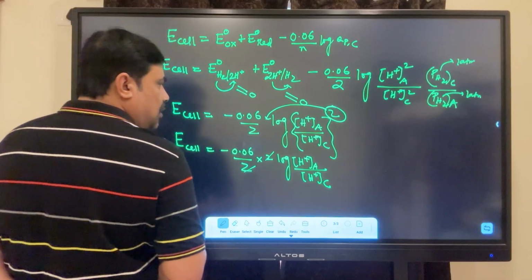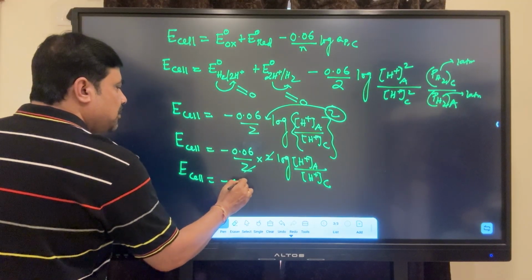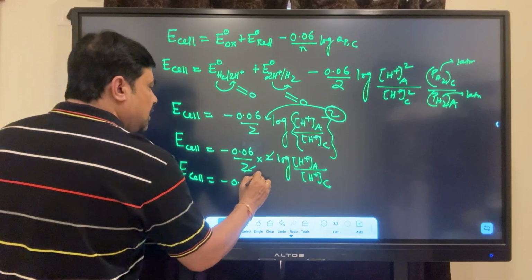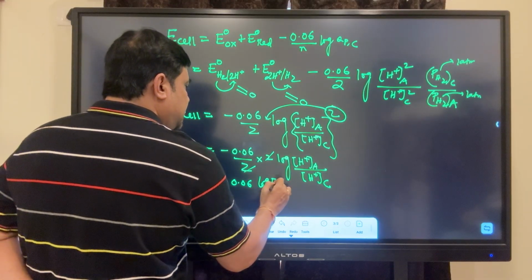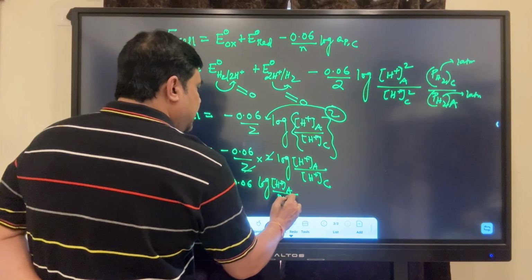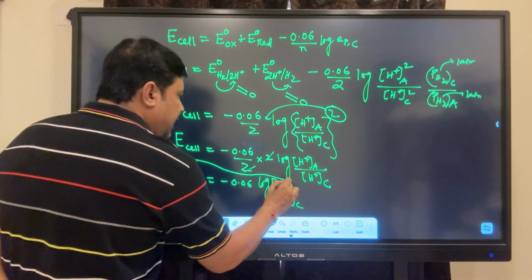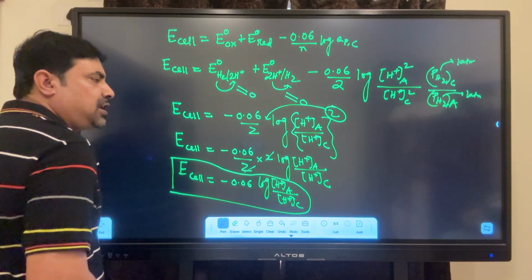These two cancel out, then we are getting E cell equals minus 0.06 log of H plus concentration at anode by H plus concentration at cathode. This is one form. From here we can calculate the E cell for the hydrogen electrode.